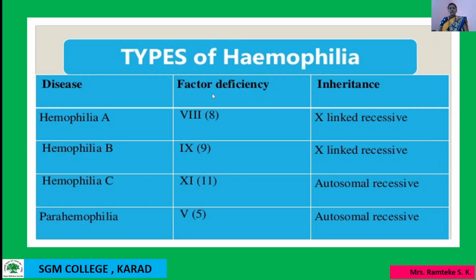Hemophilia B is 9th factor deficiency, X-linked recessive. Hemophilia C is 11th factor deficiency, autosomal recessive. Parahemophilia is 5th factor deficiency, also autosomal recessive.